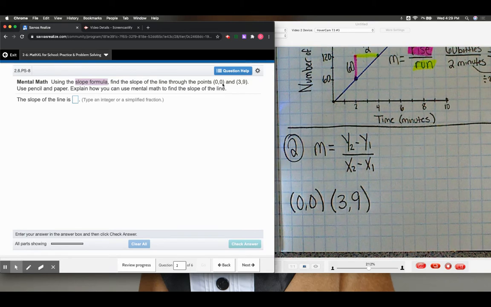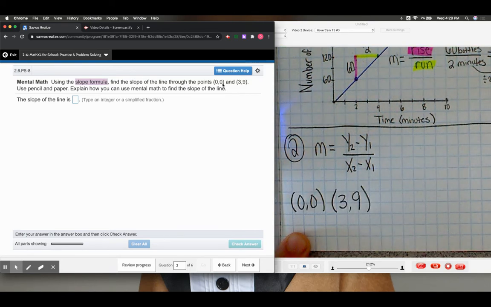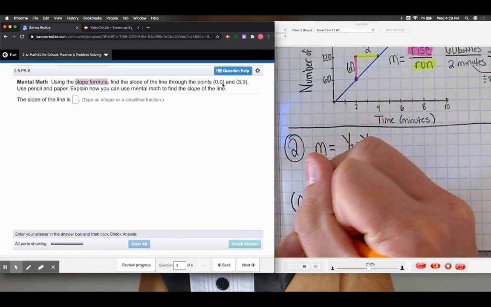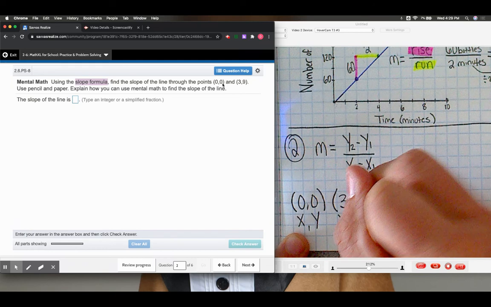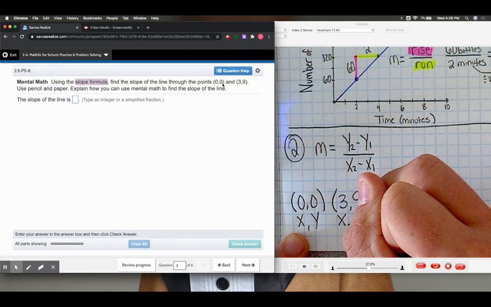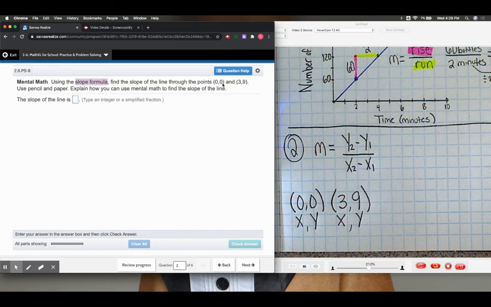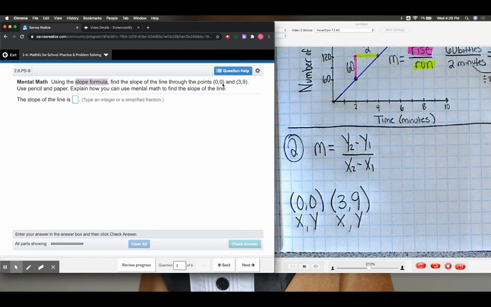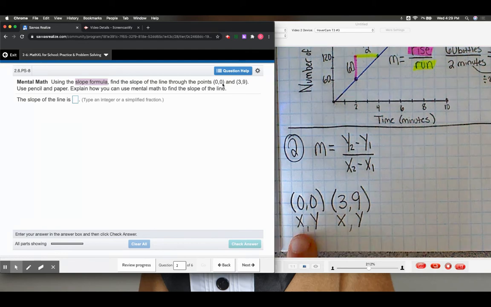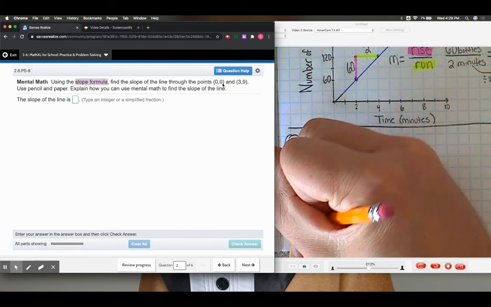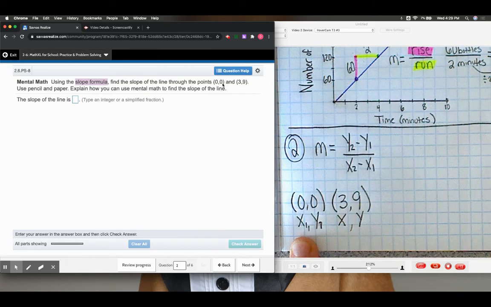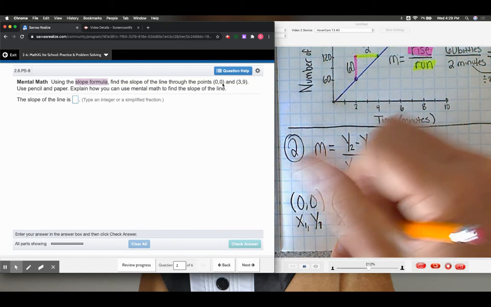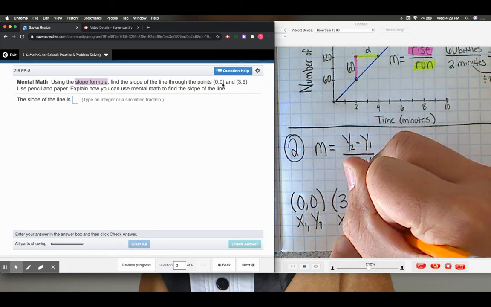Something to always remember in a coordinate point, x comes first, y comes second. Because there's 2 of these points, I'm going to label the first one I see x1, y1. I'm going to label the second point I see x2, y2.